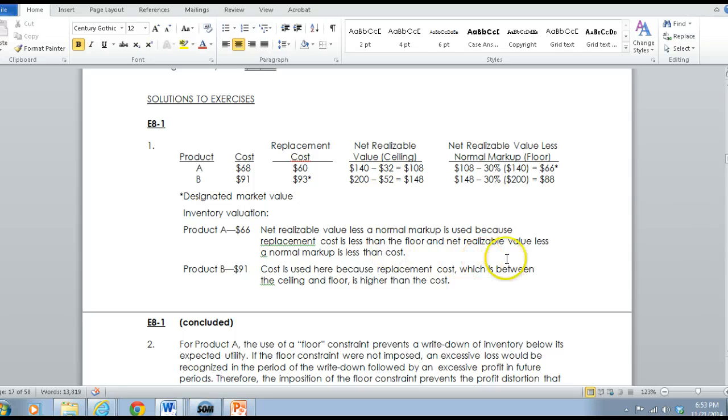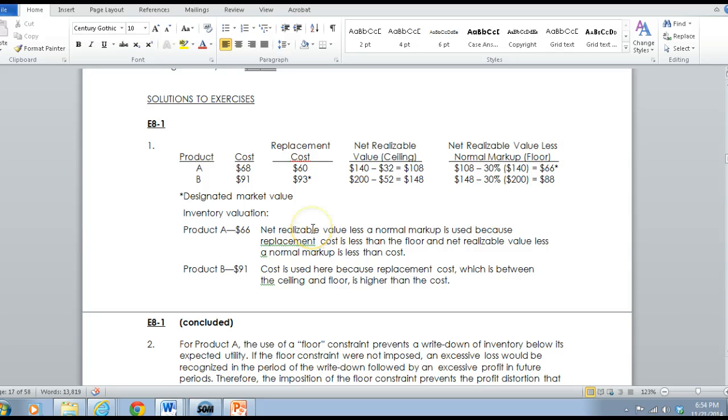And the net realizable value less a normal markup is less than cost. So since this is less than cost, because this is the floor, we're going to have to take a $2 loss. The new inventory valuation will be $66 on this one.